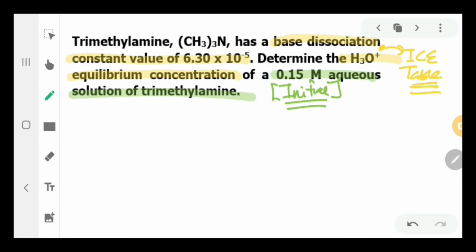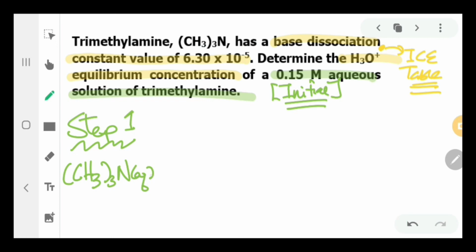So the first thing we need to do is balance the equation, which is CH3NH2 aqueous.